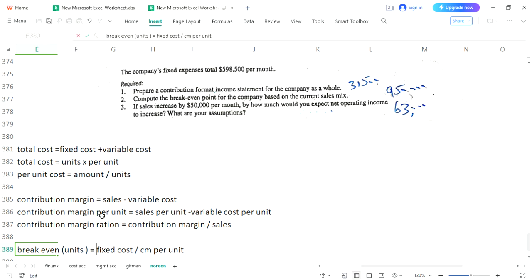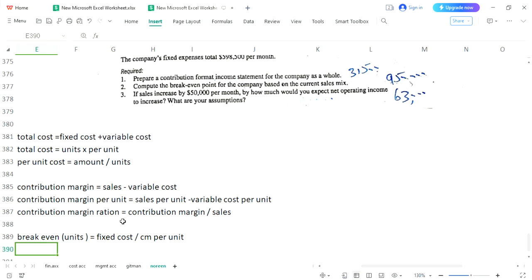CM per unit is written over here, contribution margin per unit, as we have seen, per unit sale minus per unit variable cost. Then you should have in your mind your break even point in terms of dollars or amount.